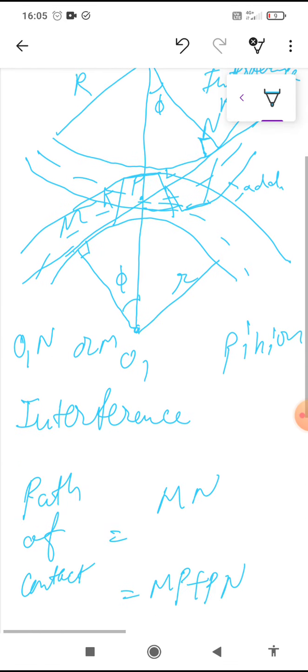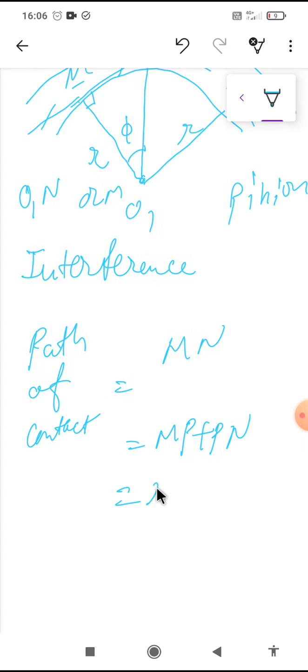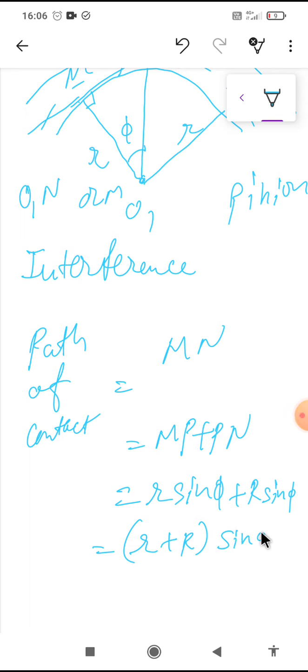If I want to write this MP in the form of radius, this length is nothing but radius, so it will be r sin phi here, and here also r sin phi, but here the radius is capital R, so it will be r sin phi plus R sin phi. If I take sin phi as common, we get (r plus R) sin phi.